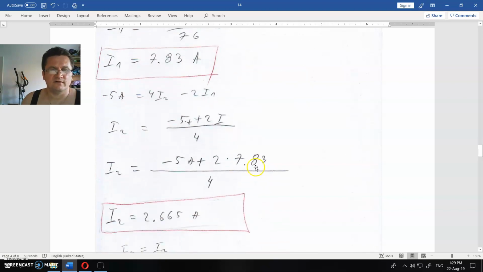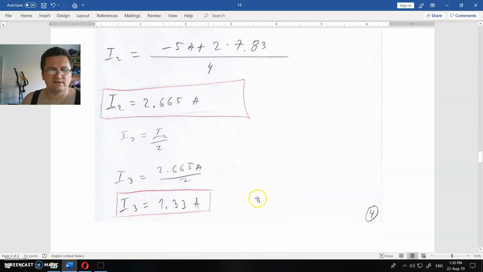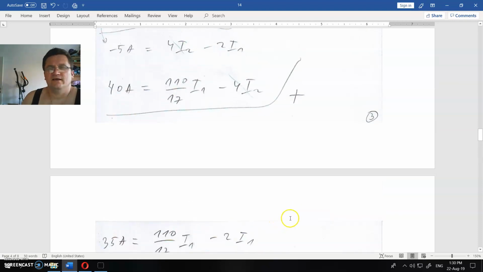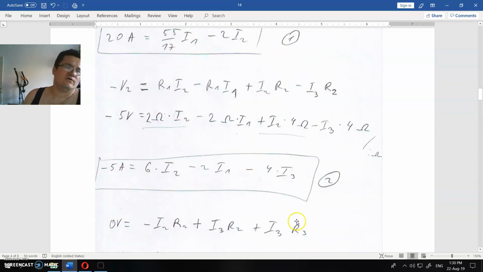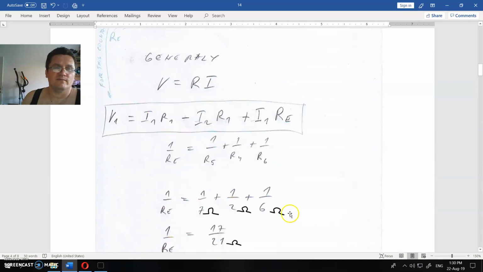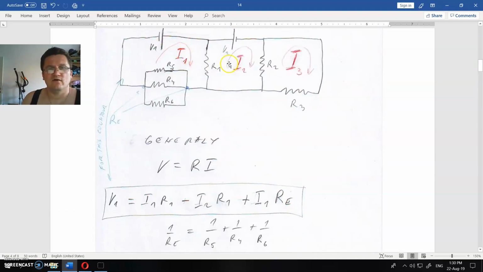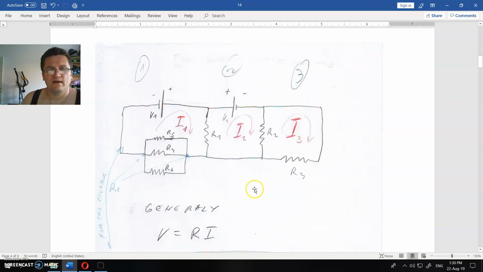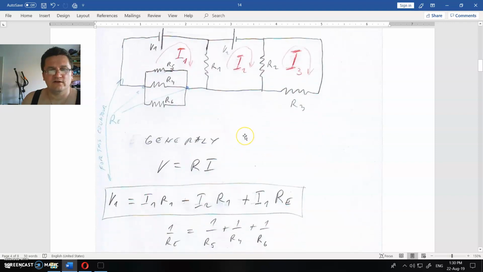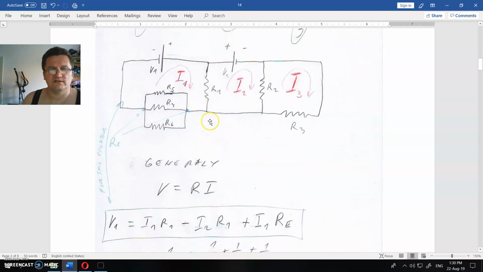Then we return to the previous equations for the second and third currents. Three equations and three unknown magnitudes, so it's not difficult to calculate. So then we have all of these three currents.